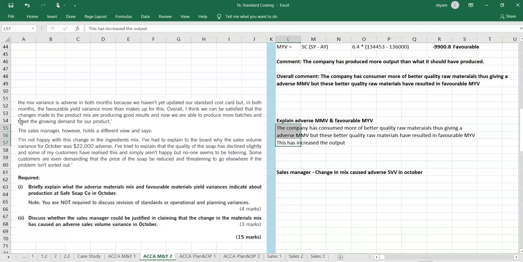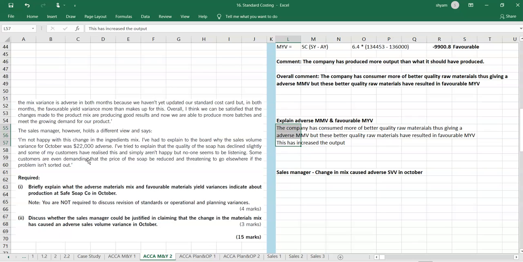right. The sales manager, however, holds a different view and says, I'm not happy with this change in the ingredients mix. I've had to explain to the board why the sales volume variance for October was 22,000 adverse. See, so his sales is like down by 22,000. I've tried to explain that the quality of the soap has declined slightly, and some of the customers have realized this and simply aren't happy, but no one seems to be listening.